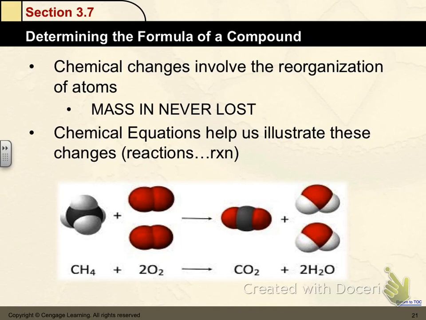The left side and the right side equal out. 1, 2, 3, 4 here on the left side, and 1, 2, 3, 4 here on the right side for the reds. There's a single carbon there and a single carbon on the right side. And then the whites, there's actually one hidden here on the left side. 1, 2, 3, there's one right back there, 4. And then 1, 2, 3, 4. So this is a balanced chemical equation, something that's very useful for us.